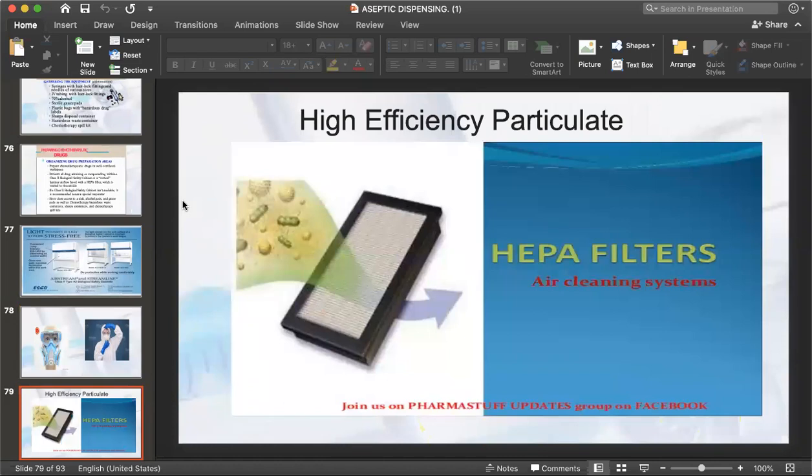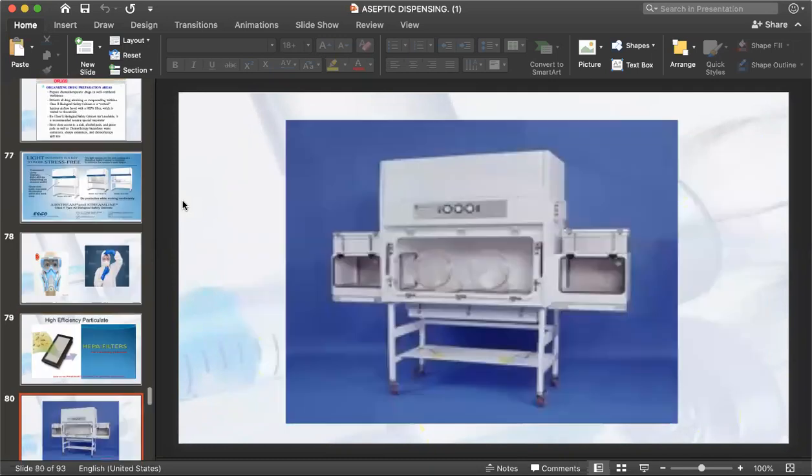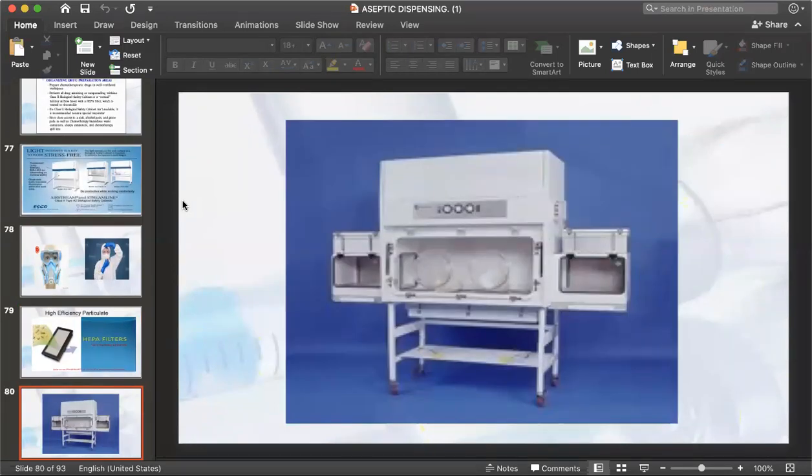HEPA filters: high efficiency particulate arrest air. HEPA filters are especially for air cleaning, and the system has to be attached to that area. Again, this is a cabinet under which the drug has to be reconstituted.